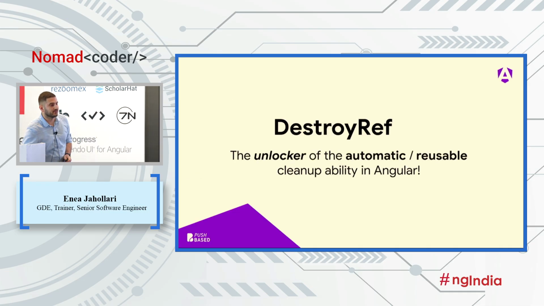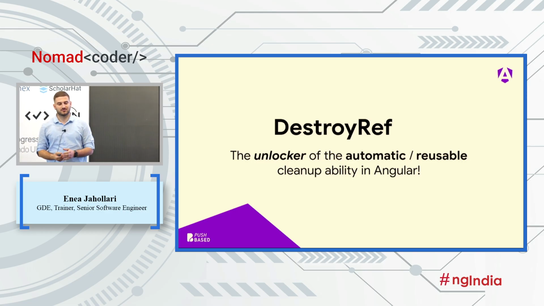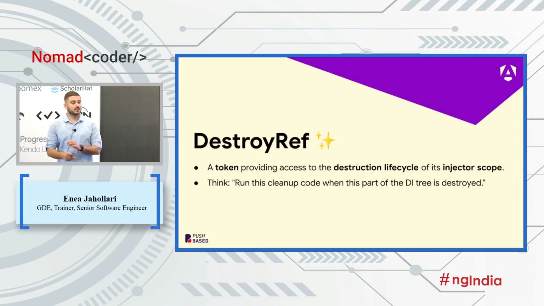That's where DestroyRef comes in and says, hey, I'm your savior. DestroyRef is the unlocker of automatic or reusable cleanup ability in Angular. Basically, it's a token, or call it a service, that provides us access to the destruction lifecycle of its injector scope, meaning that you can use this in a component or a service.